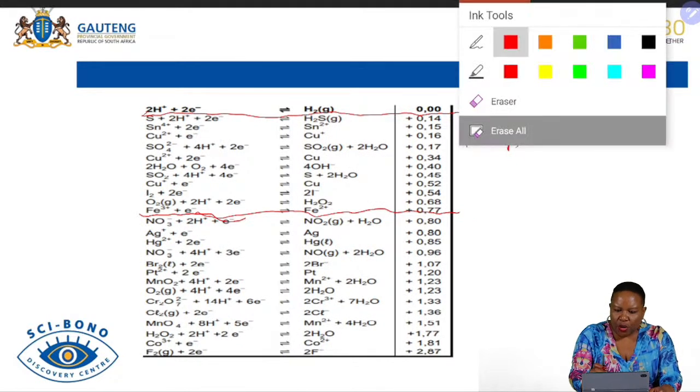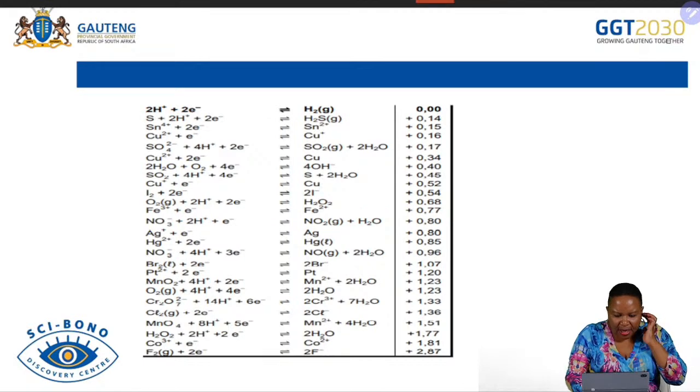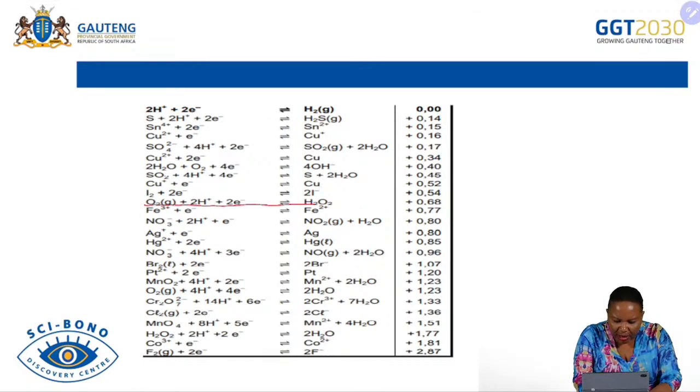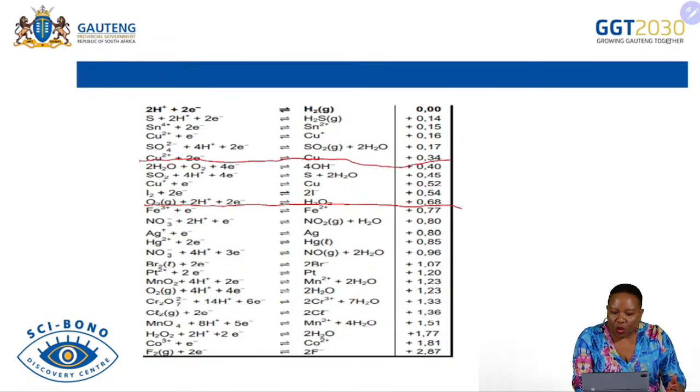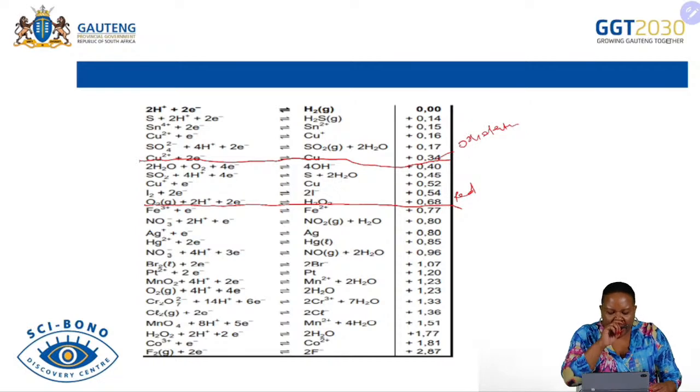So we are now looking at the oxygen, where the oxygen peroxide is this one. So check exactly what you need. And the copper to copper 2 plus is this one. So already you see that the copper is going to undergo oxidation and this one will undergo reduction.